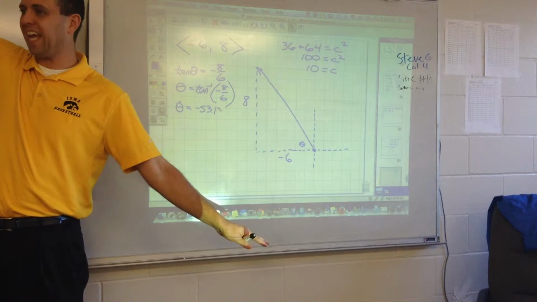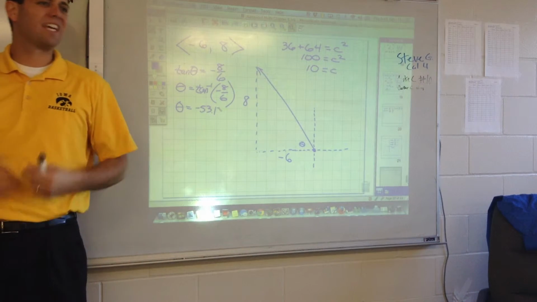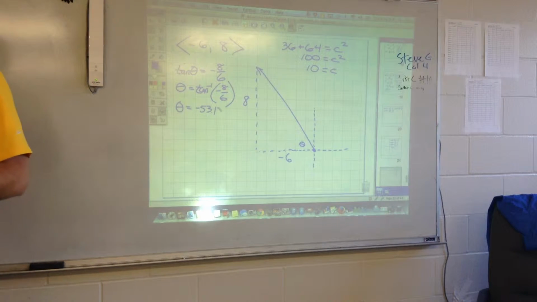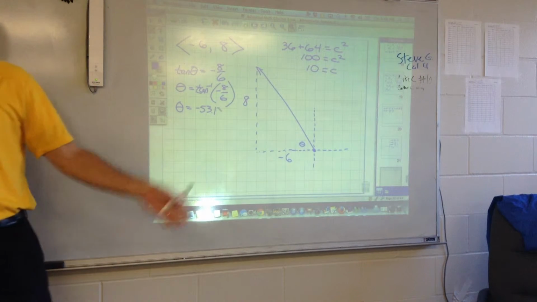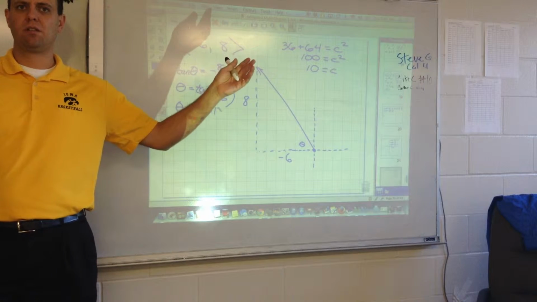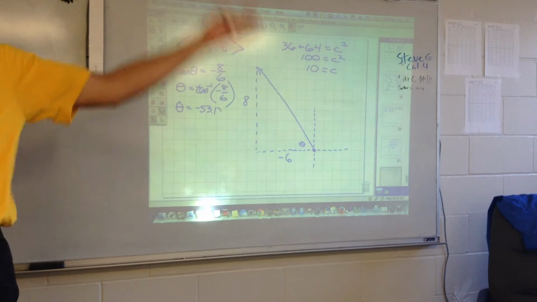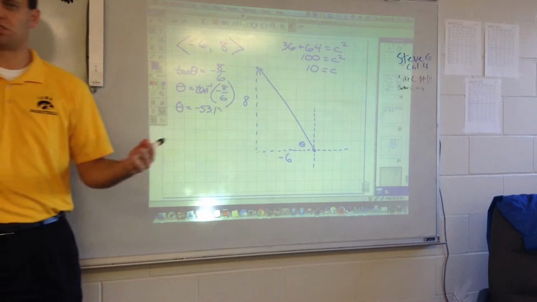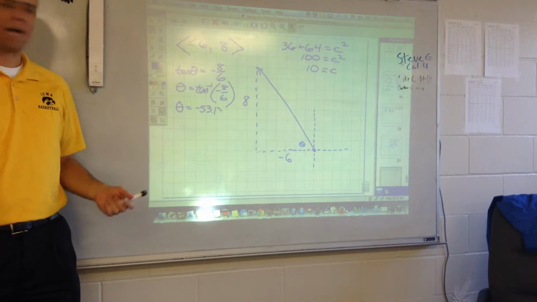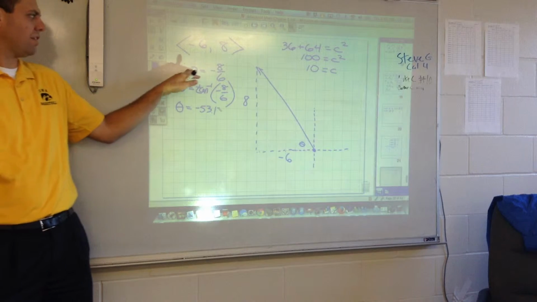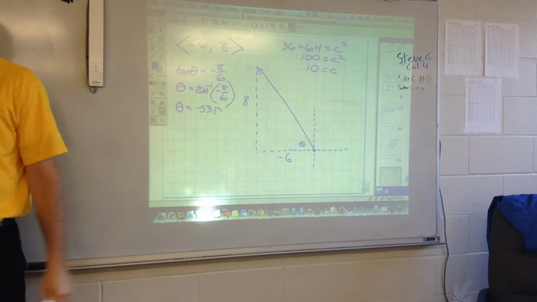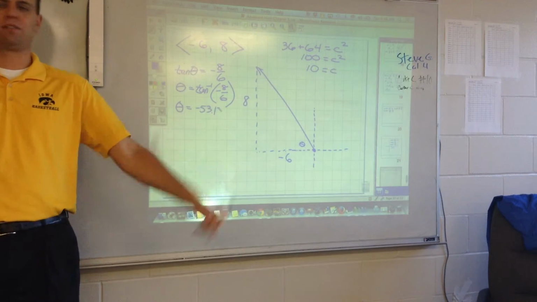The calculator always gives you an answer in quadrants 4 or 1 for tangent, just because that's closest to 0. Quadrant 4 is close to 0, quadrant 1 is close to 0. The calculator just gives you one answer. Because remember, how many angles would have a tangent value of negative 8 over 6? How many possible answers are there in the world?